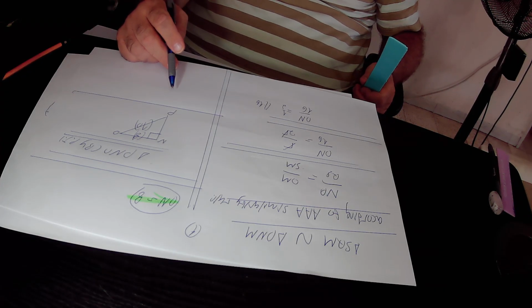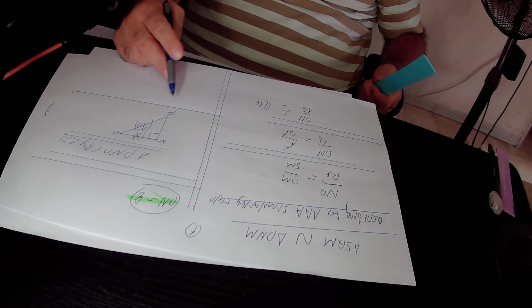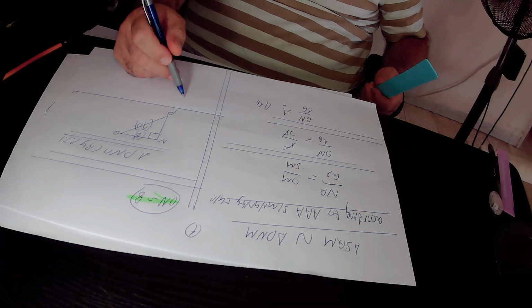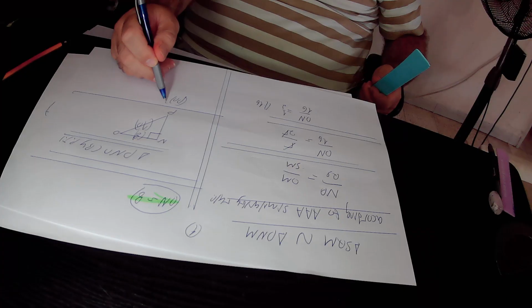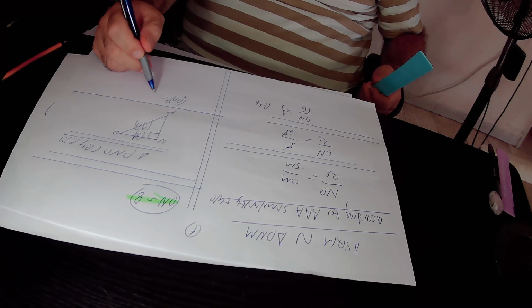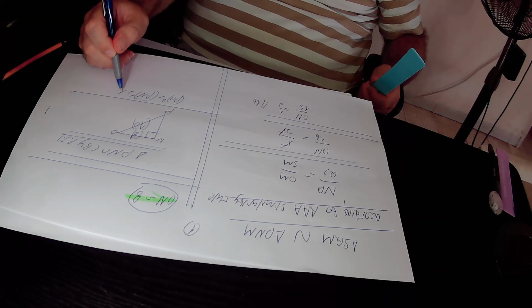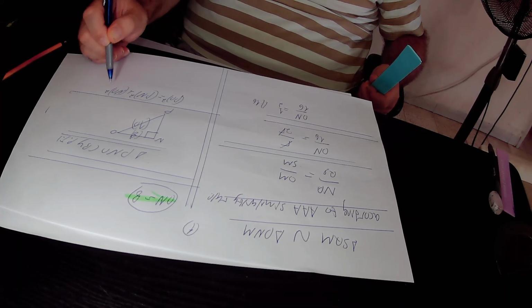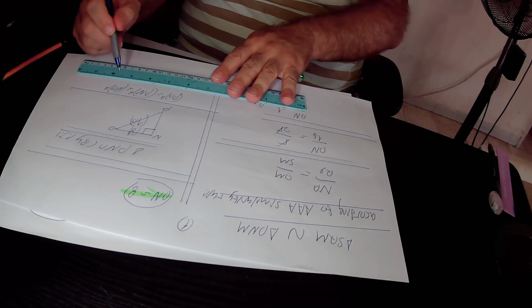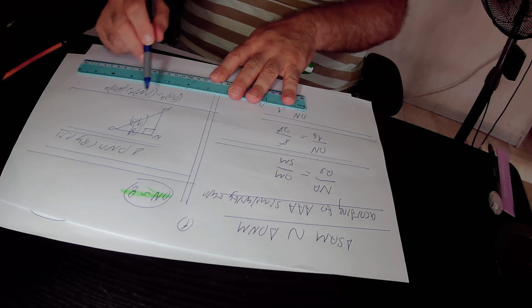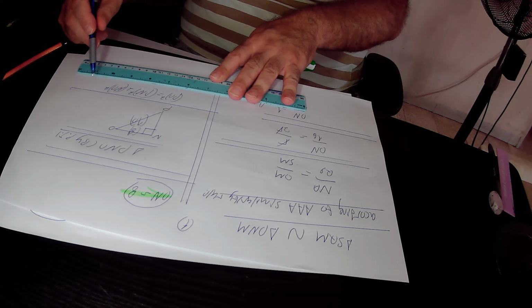In this small right triangle PNO, according to the Pythagoras theorem, PO squared, that is the square of the hypotenuse, equals PN squared plus NO squared.